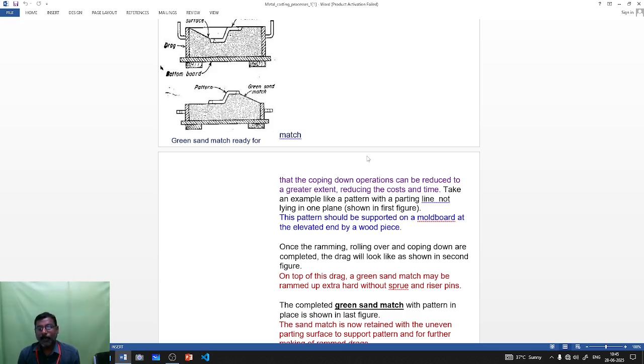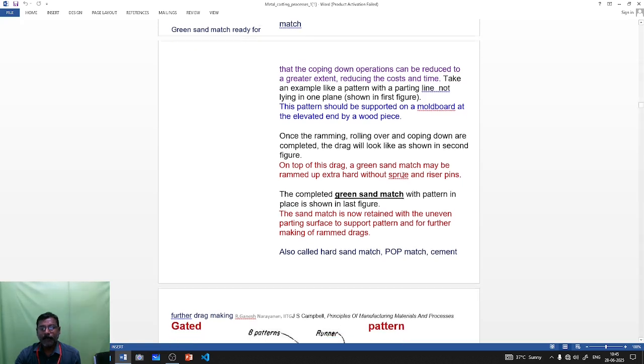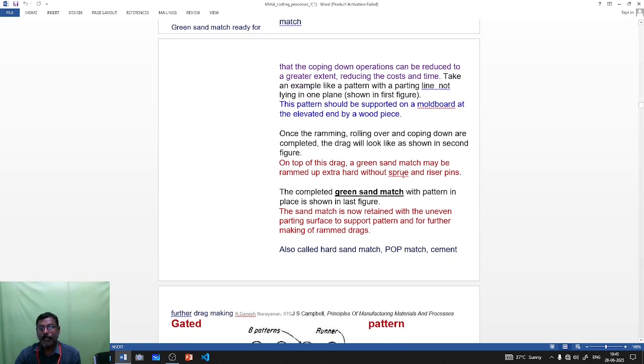Once the ramming, rolling over and cutting down are completed, the drag will look as shown. On top of this drag, a green sand match may be rammed up extra hard without sprue and riser pins. The completed green sand match with the pattern is placed as shown in the figure. The sand match is now retained with the uneven parting surface to support the pattern and further making of rammed drags.